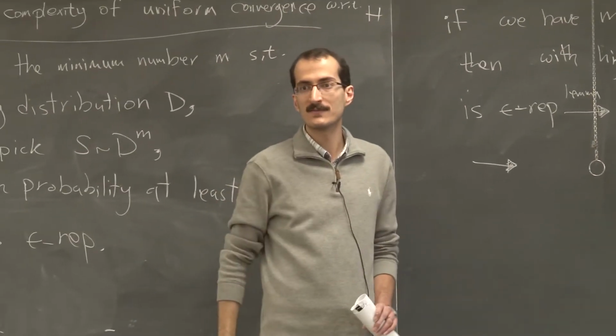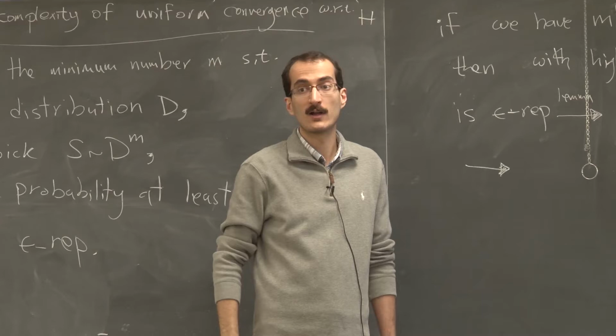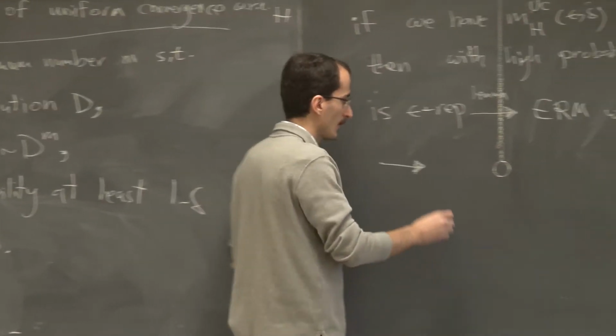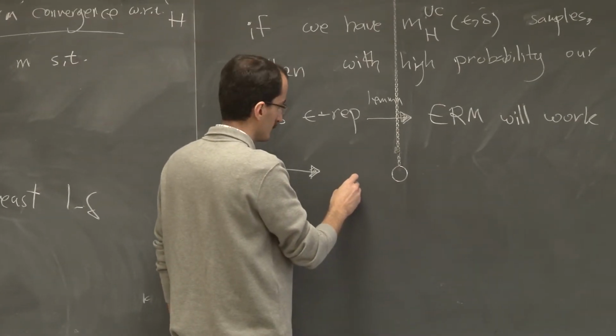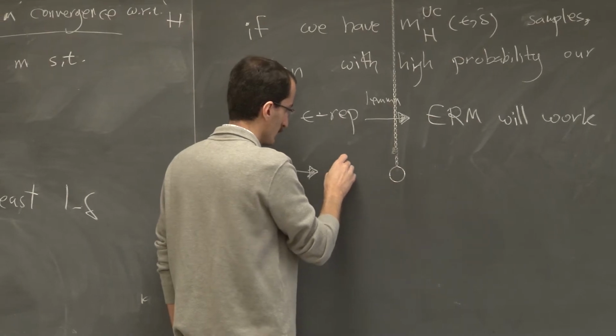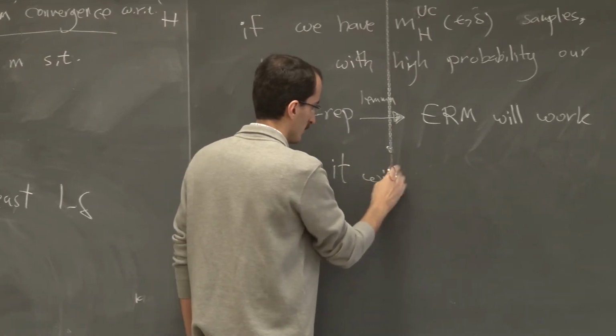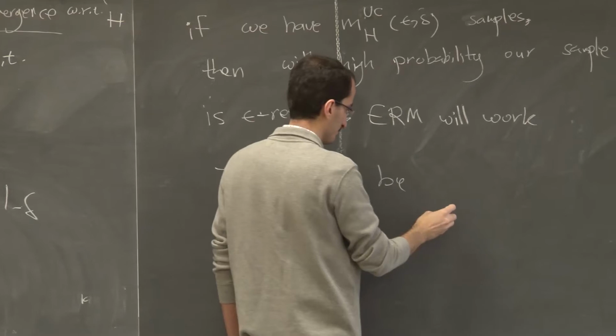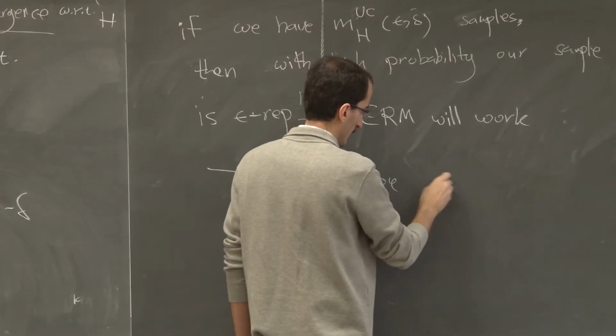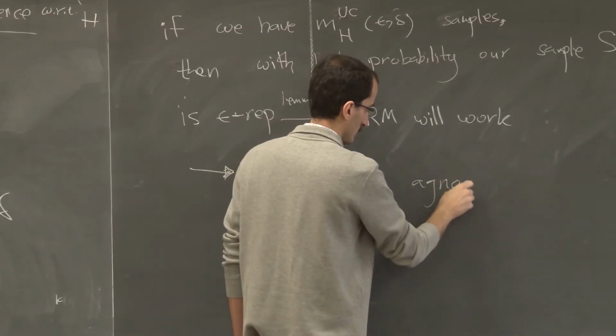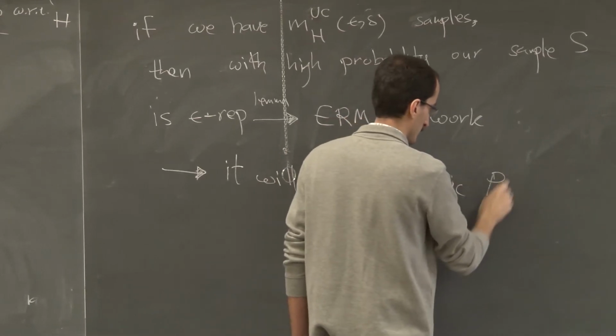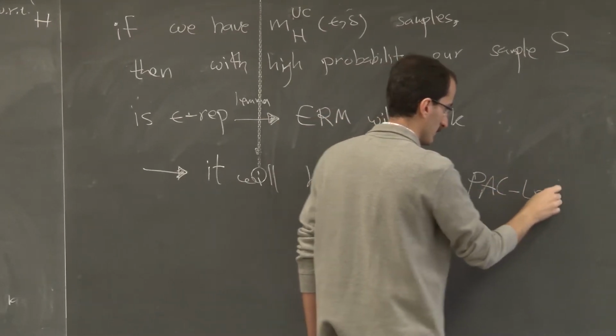It's sufficient for proving upper bounds for agnostic learning. So it will be agnostic PAC learnable.